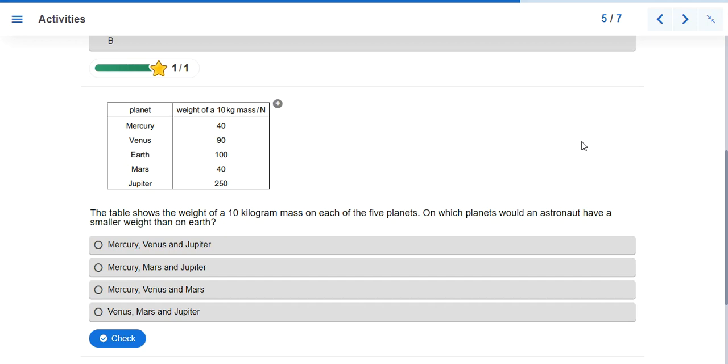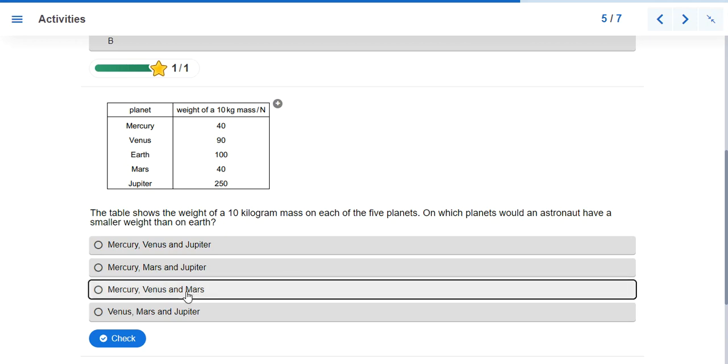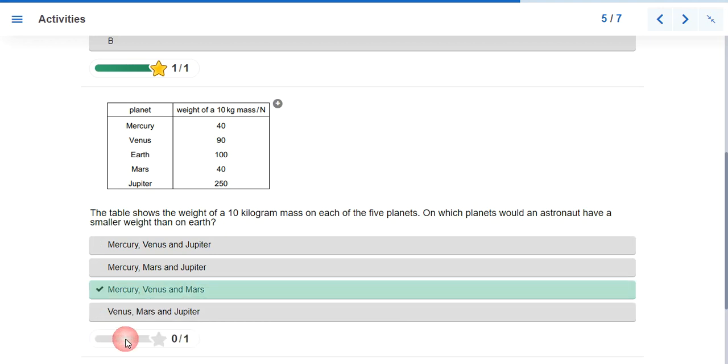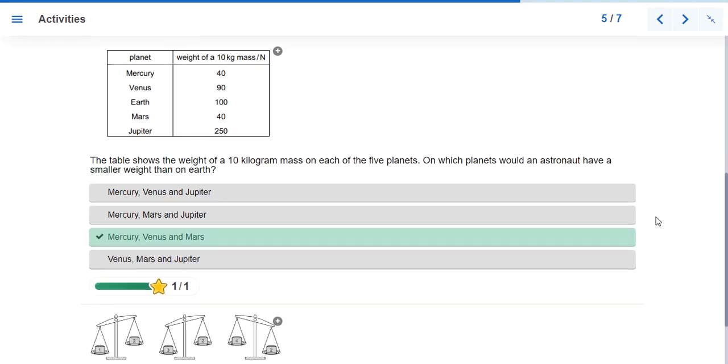For instance, on Mercury we have 40, Venus 90. On Mars also we have 40. Earth and that of Jupiter are higher. So our answer now will be what? Mercury, Venus, and Mars. So let's check. Correct.